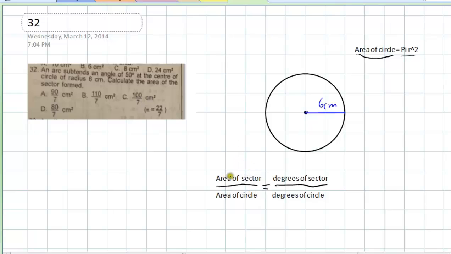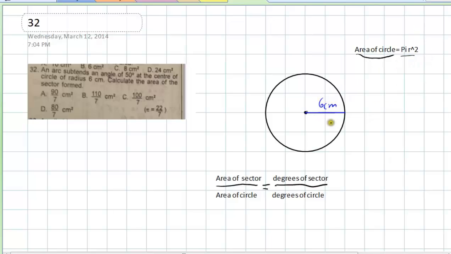We do that so we can find the ratio, and once we know the ratio of this, we can set it equal to the ratio of the degrees of that sector over the degrees of the circle. So what I'm going to do then is start setting things up. Let's find the area of the circle. So it's pi r squared. Well, they gave us r.